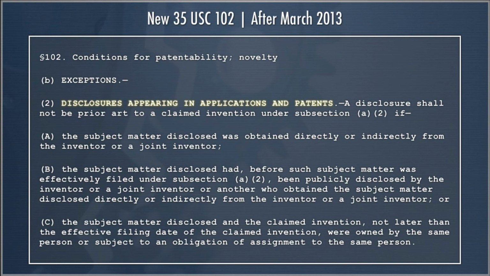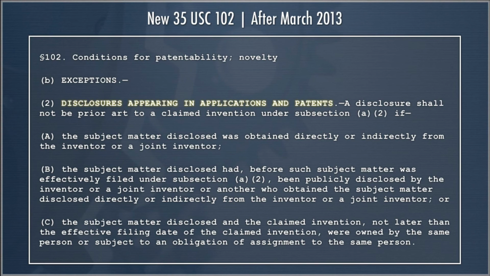And we'll talk a little bit more about that in a moment. Right. So another set of exceptions is disclosures appearing in applications and patents. A disclosure shall not be prior art if the subject matter disclosed was obtained directly or indirectly from the inventor, the subject matter disclosed had before such subject matter is effectively filed under A2 been publicly disclosed by the inventor or another, or the subject matter disclosed and the claimed invention not later than the effective filing date were owned by the same person, right?